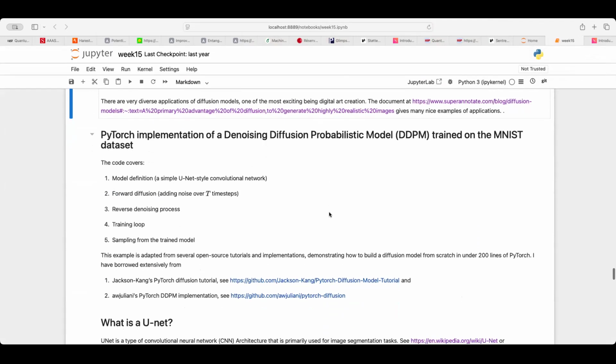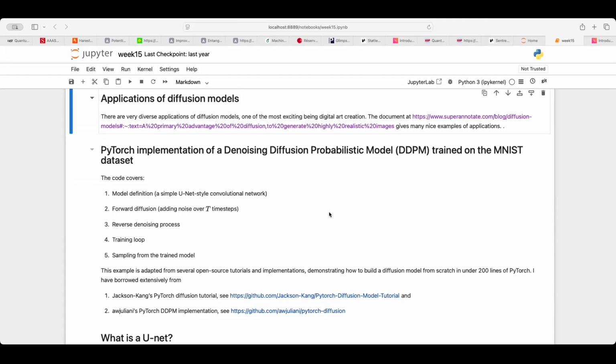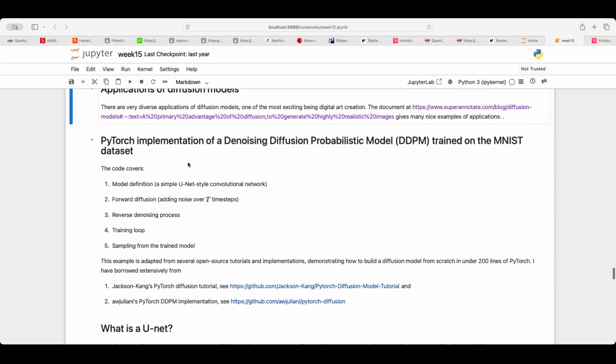So what I've done here, or rather what I have borrowed from other people, this is the more correct way of stating it, is actually a model which is based on, if you remember back when we discussed Boltzmann machines, we mentioned that what is being done nowadays is not to have these simpler functions which we train, but actually to feed in a convolutional neural network.